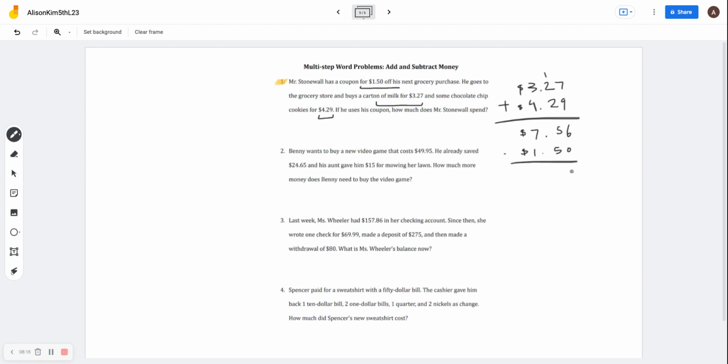So 6 minus 0 is 6. 5 minus 5 is 0. Bring down my decimal point, of course. 7 minus 1 is 6. And then I bring down my dollar sign. So how much did Mr. Stonewall spend in total? He spent a total of $6.06 when he used the coupon, of course.